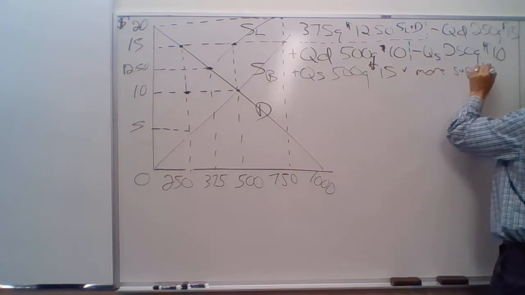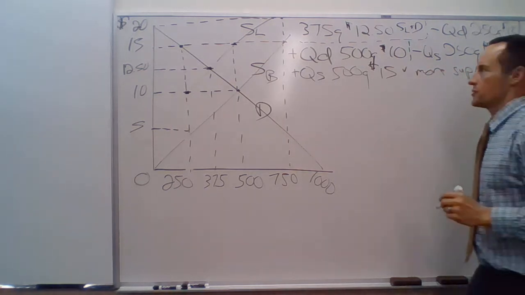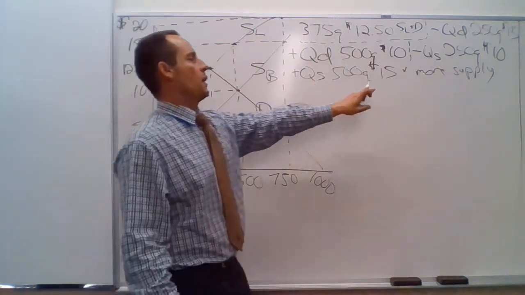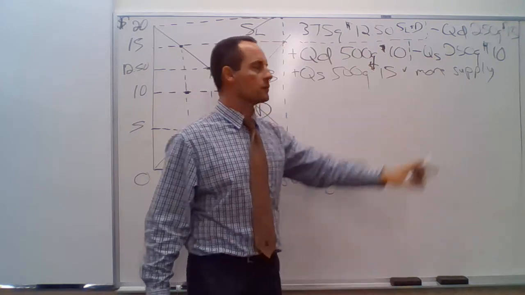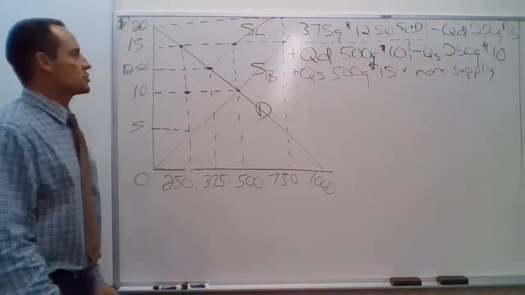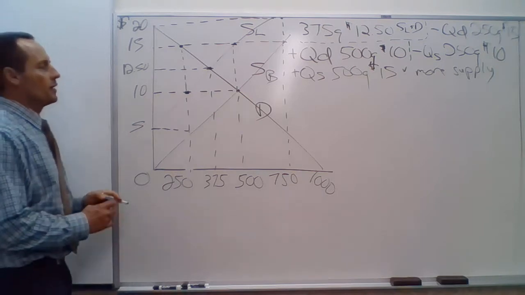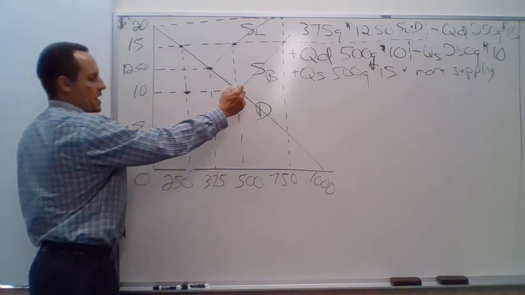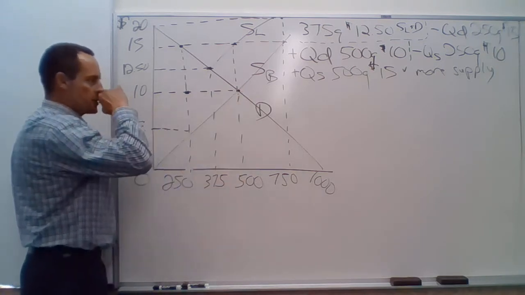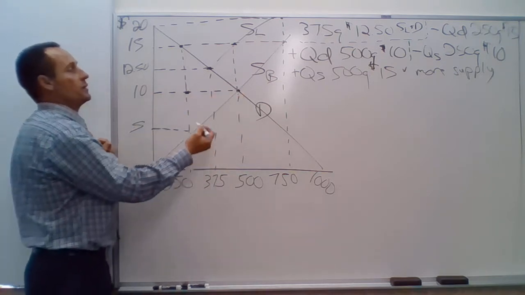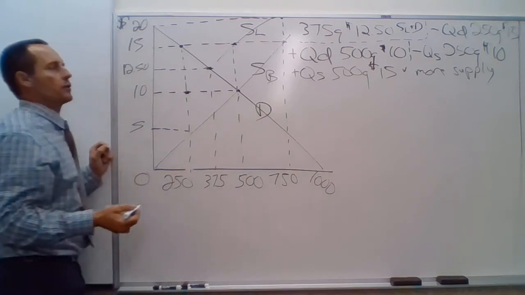Compare that to more supply. Heck, I'll write it out. So compare more quantity supplied to more supply. What is more supply here? We'll look at this second equilibrium. $10 for 500 units. 500 units for $10 a piece is the equilibrium between demand and the bigger supply curve.